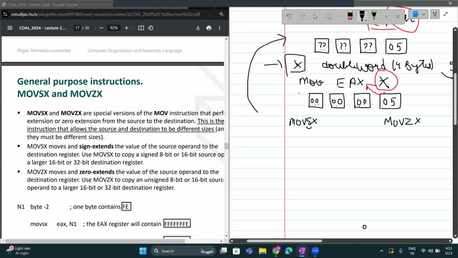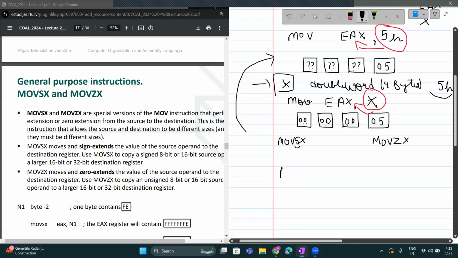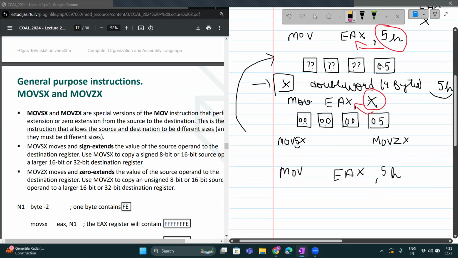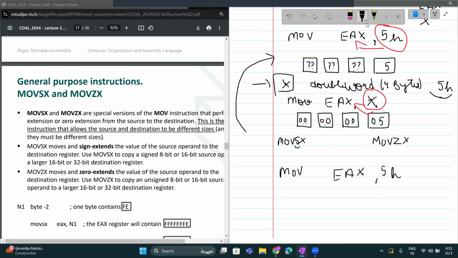So instead of doing mov EAX, 5h, where we are moving the 5h value to EAX, usually it would be like this because we don't know what is in EAX. So it will be all question marks, even this, because we are just moving 5h.